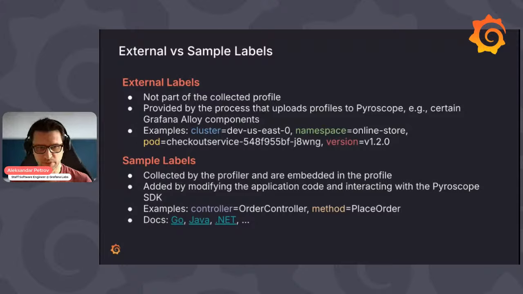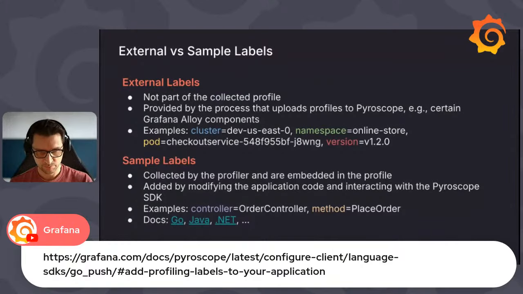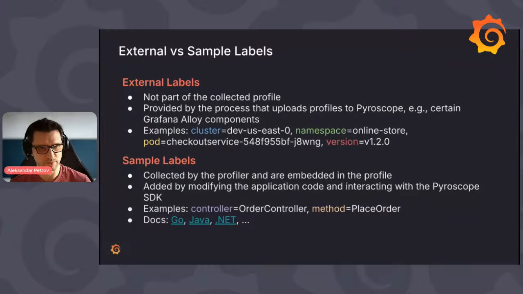To do the same in Pyroscope, you have to use the Pyroscope SDK and define your own labels. In this example, if we use Java and Spring MVC, maybe you have a middleware that creates labels for your controllers and controller methods. We have docs in our documentation about how to specifically add custom labels for every supported language.